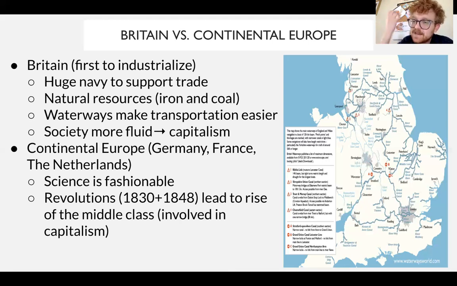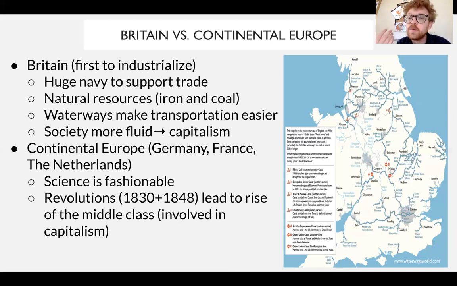It is ascending, meaning governments in continental Europe are more open to middle class interests, especially if middle class interest is in industrialization. So we see industrial growth as the middle class grows in its importance. That's important to remember. So that's why continental Europe is going to industrialize.